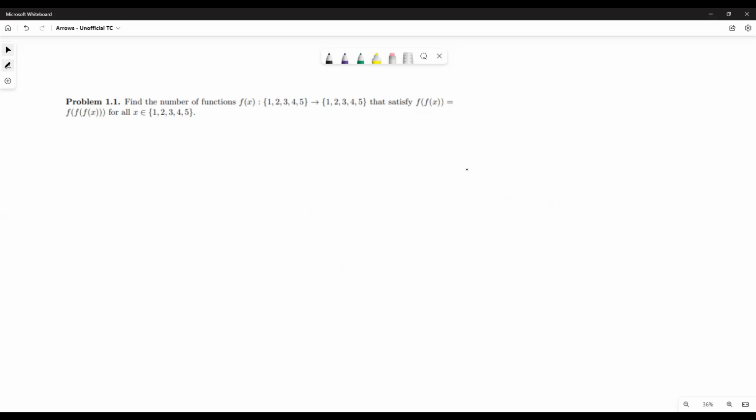So the problem says to find functions from 1 to 5 to 1 to 5 that satisfy f of x equals. Okay, so one thing common in these types of questions, whenever there are questions with many f's, is a strong hint to use arrows.